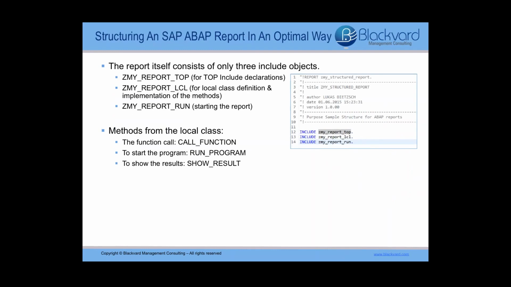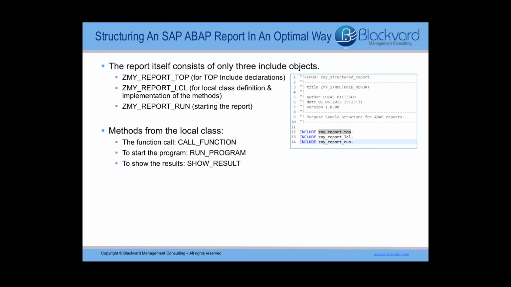All right, how can we apply this pattern in our ABAP development? We will do this in a sample report. I will show you how this works, and this report is structured quite simply. We create a report, and this report consists of 3 includes.